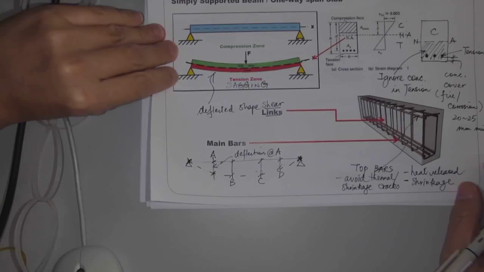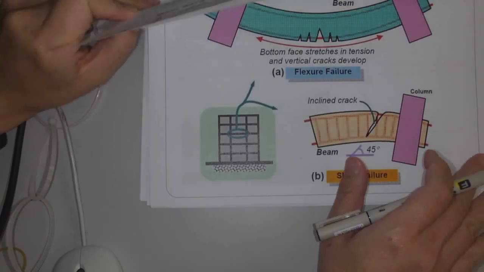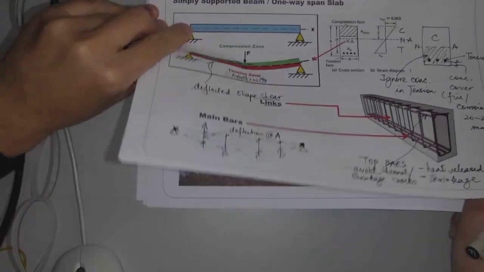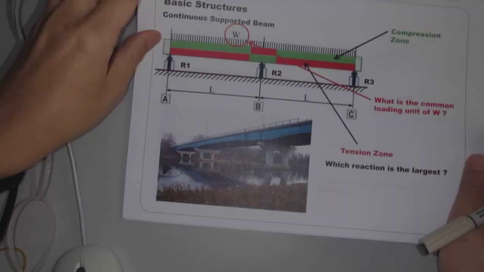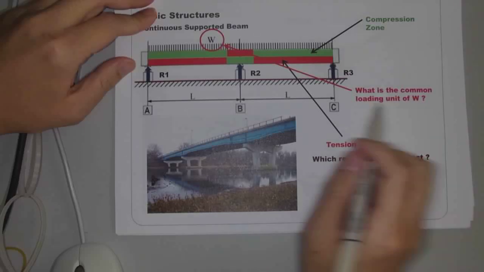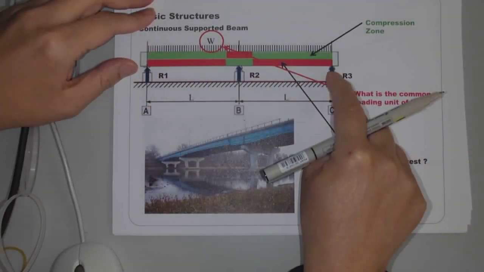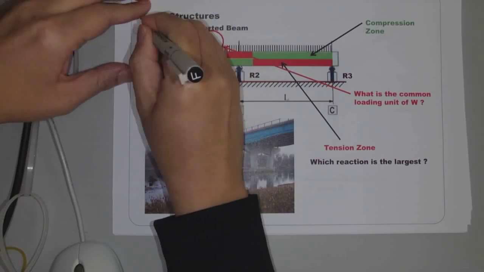Okay. Then the next example is, let's skip the next slide first and then come to the second example. Right, this one is a bit more complicated. You've got a continuous beam.